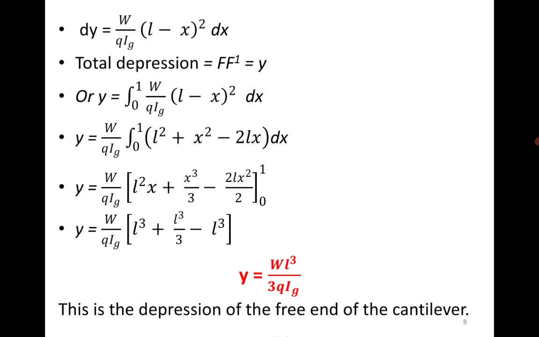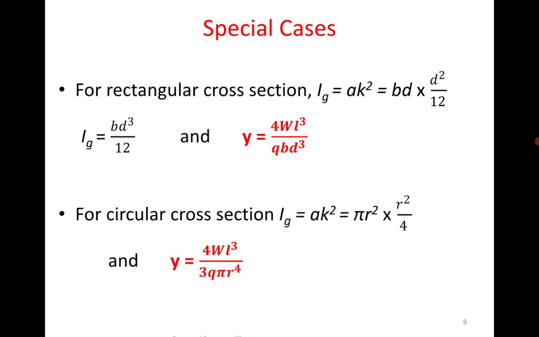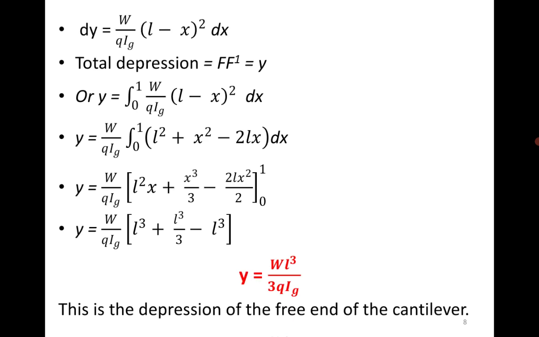Then from the limits 0 to L, we have y is equal to W by QIg into L cube plus L cube by 3 minus L cube. Therefore, finally we have y is equal to WL cube by 3QIg, and this is the depression of the free end of the cantilever.